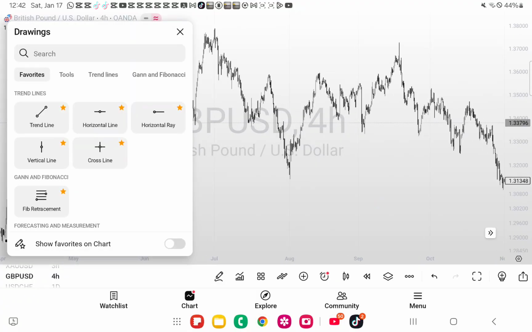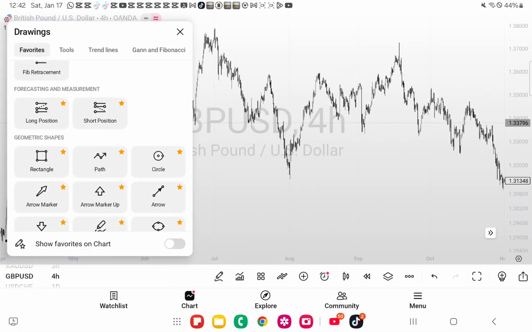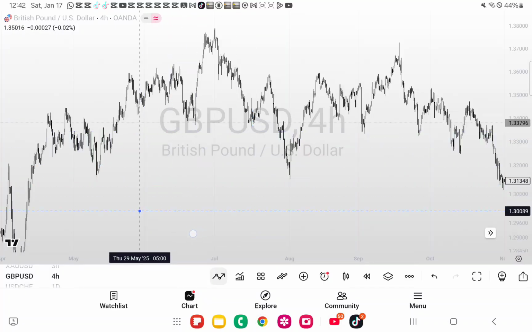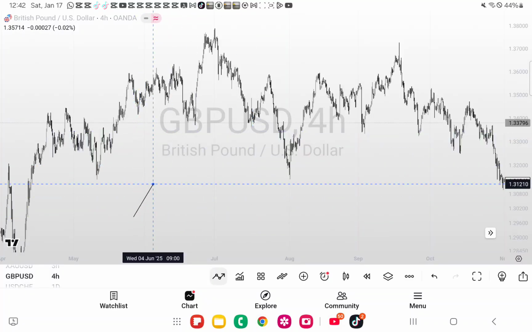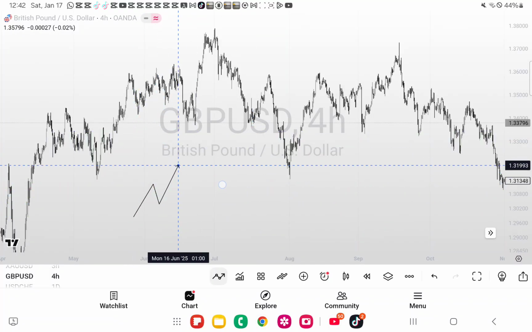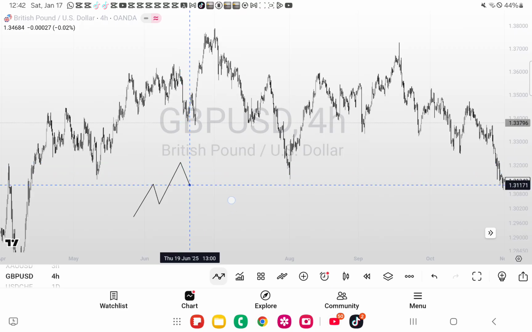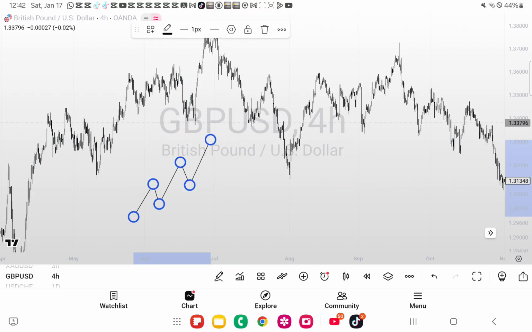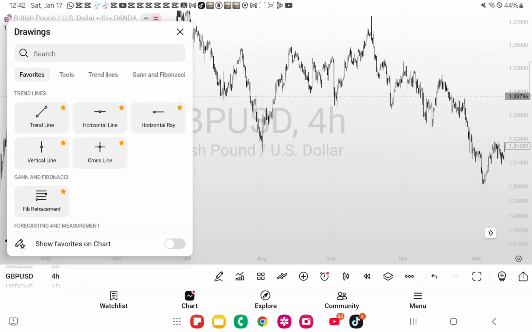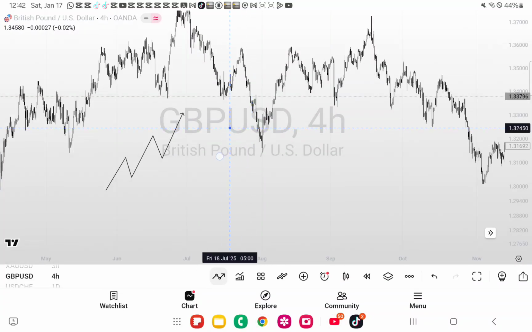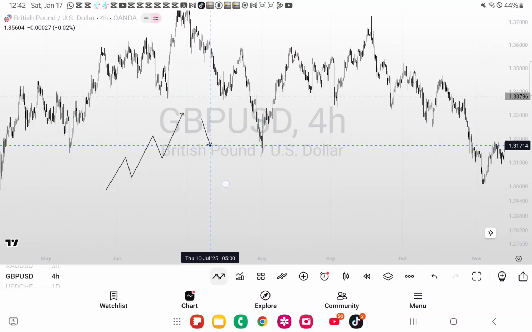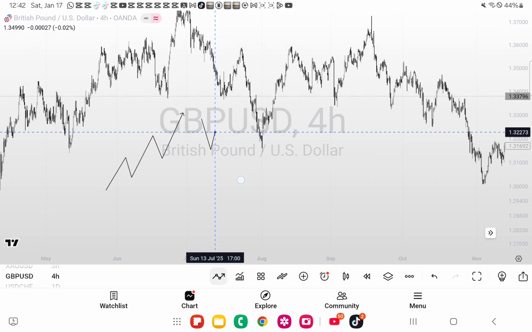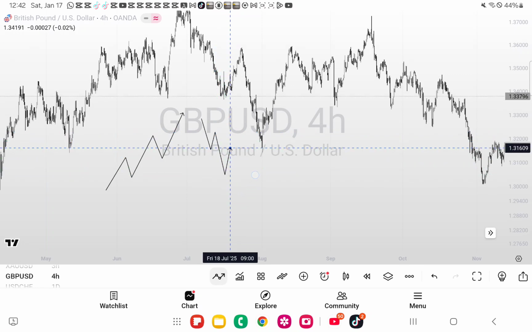We have the direction of the market. We have the uptrend. This is an uptrend. This is a downtrend: lower highs and lower lows.